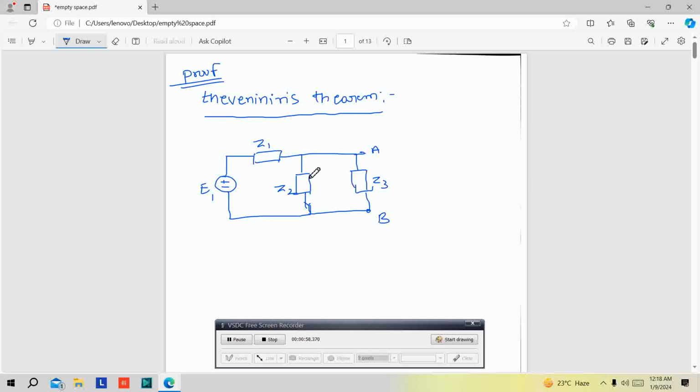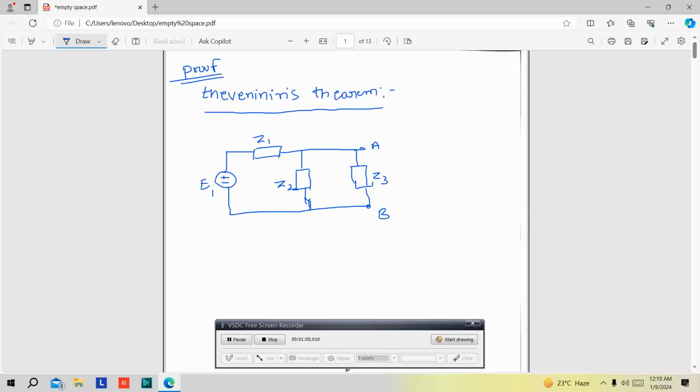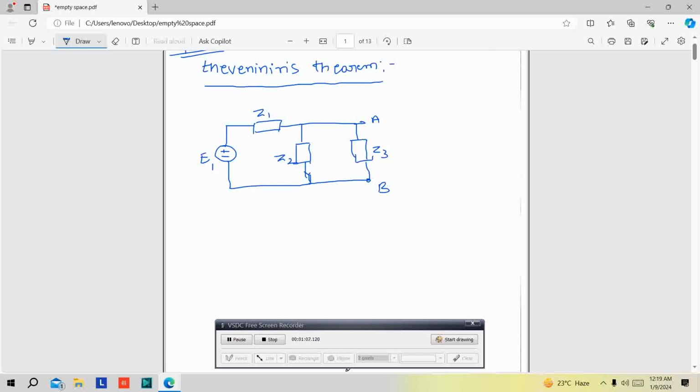So what does Thevenin's theorem say? Thevenin's theorem says that we need to convert this network into its equivalent.